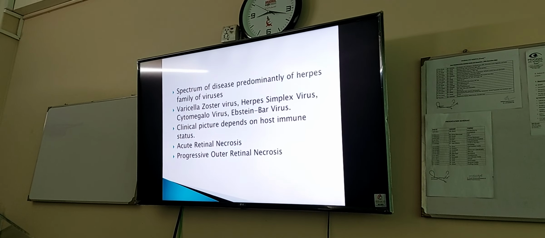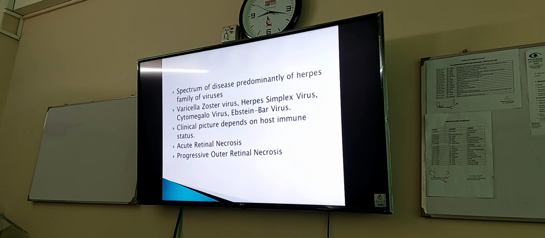So in Fuchs and in herpetic uveitis, the KPs are small and they are distributed all over the cornea. In all the other cases, the KPs are distributed where? Arch or triangle with the apex towards the center.